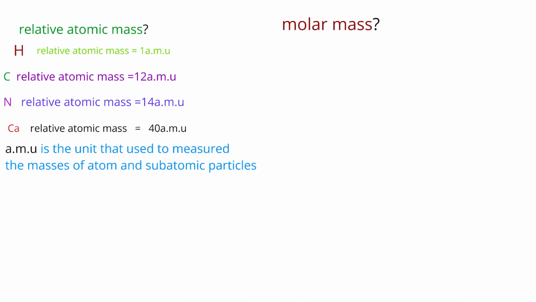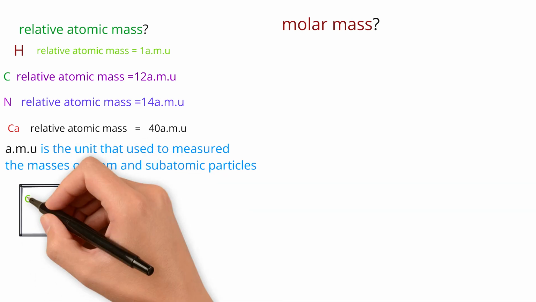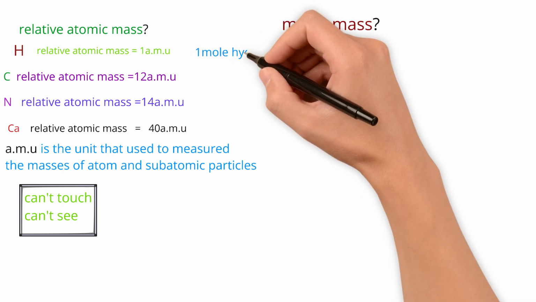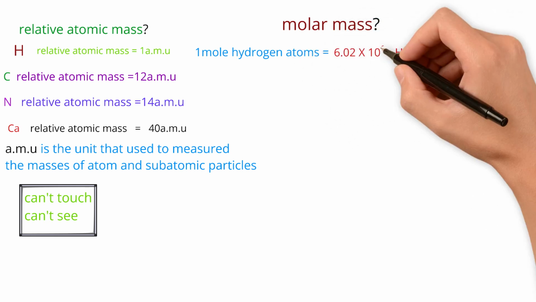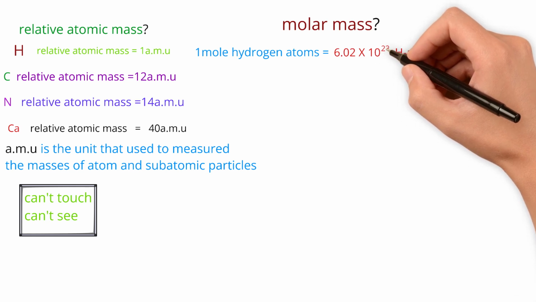What's atomic mass unit? Atomic mass unit is the unit that is used to measure the masses of atoms and subatomic particles. We cannot touch or see relative atomic mass because an atom is extremely small. 1 mole of hydrogen atoms contains 6.02 times 10 to the power of 23 hydrogen atoms, which has a mass of 1 gram.